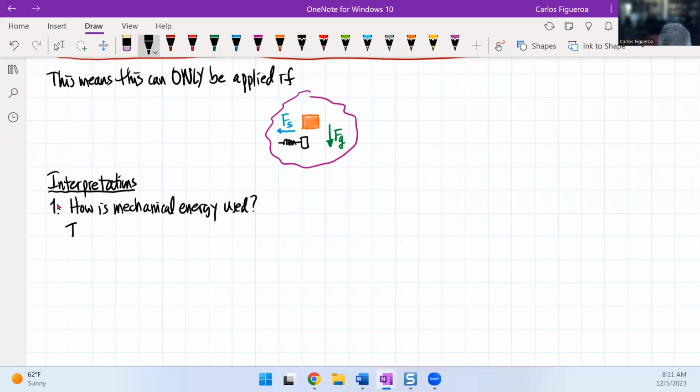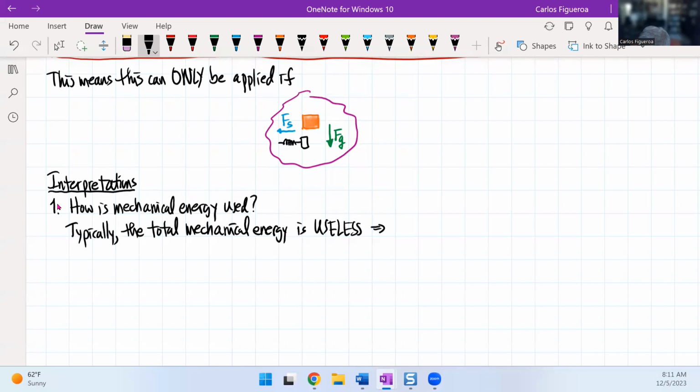I would say that typically the total mechanical energy is useless. In other words, when I look at the mechanical energy, even though it's a constant, we typically are not interested in this quantity.